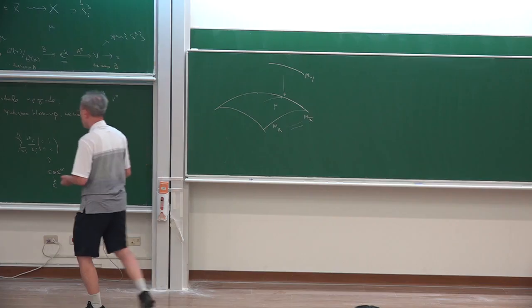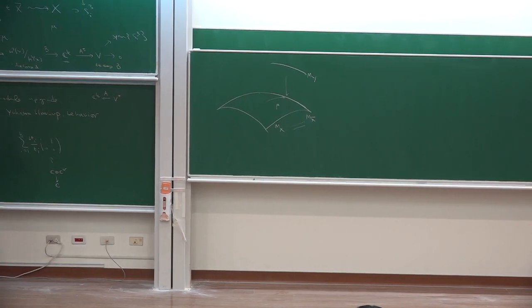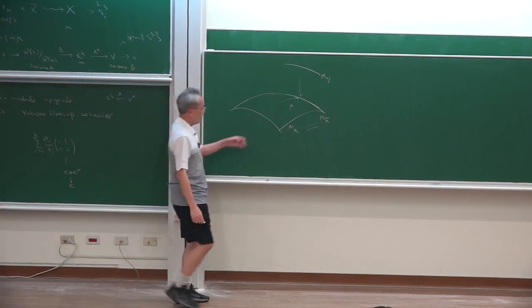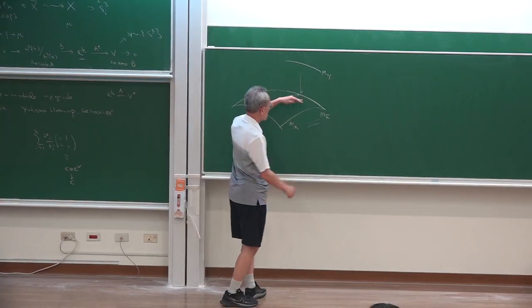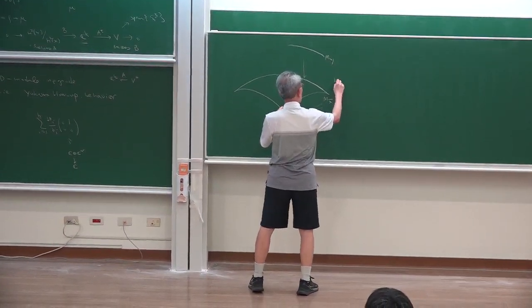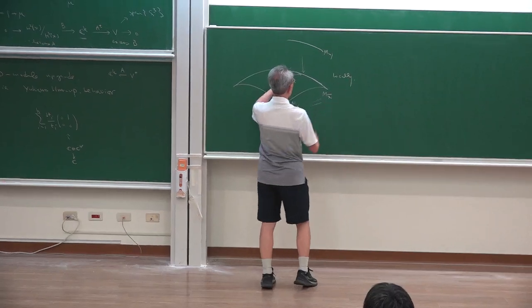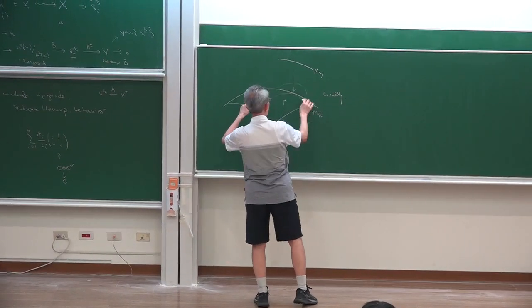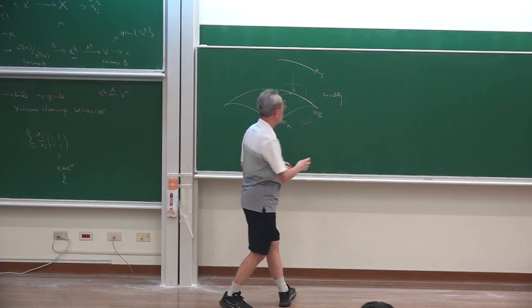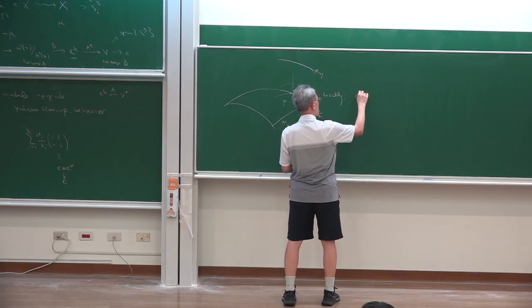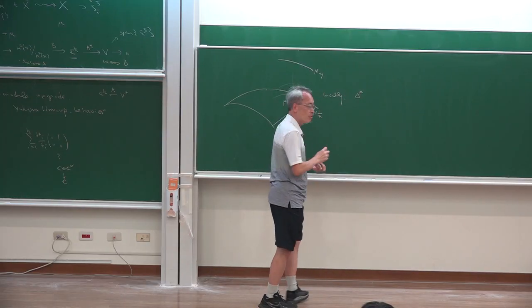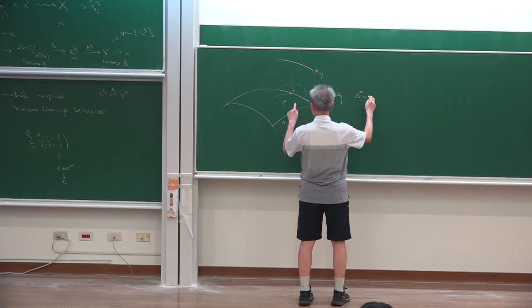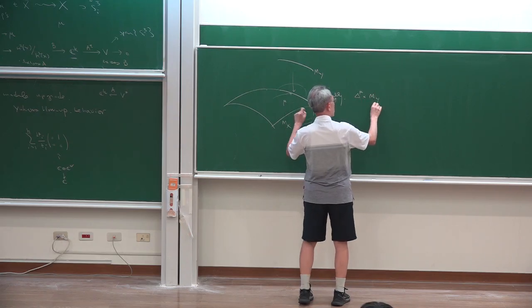And then, what does this tell us? Locally, what's the neighborhood here? It just looks like a mu-dimensional disk times my.